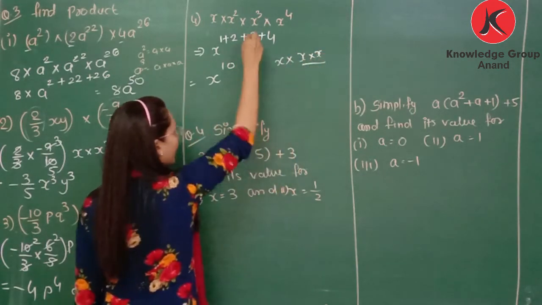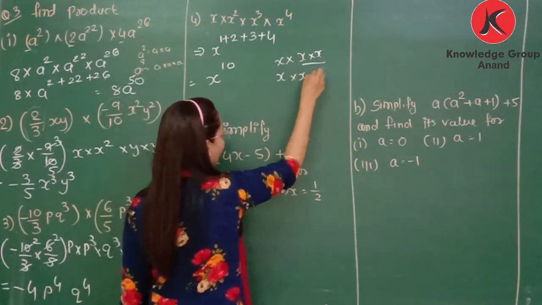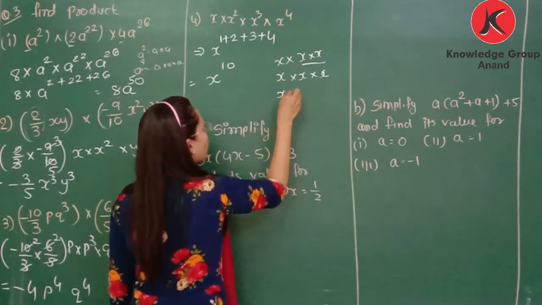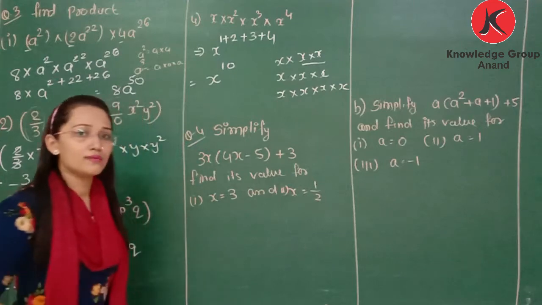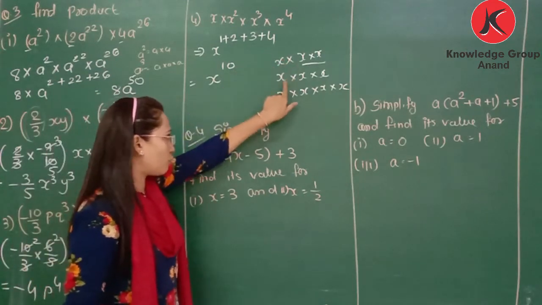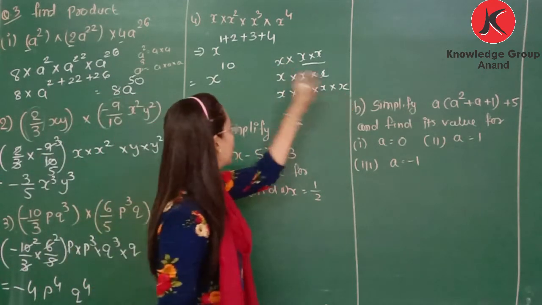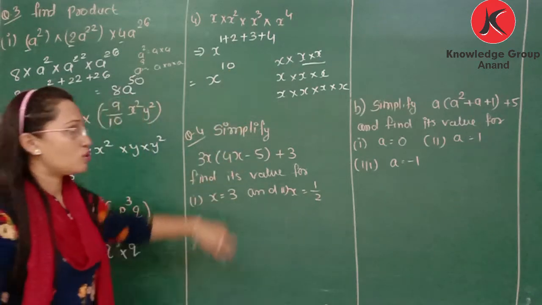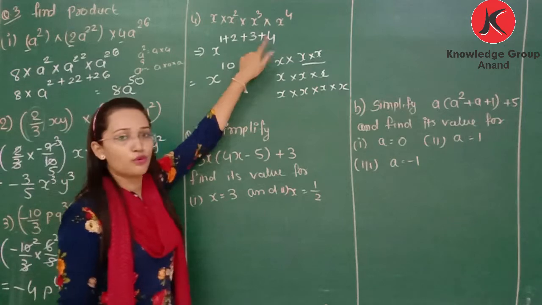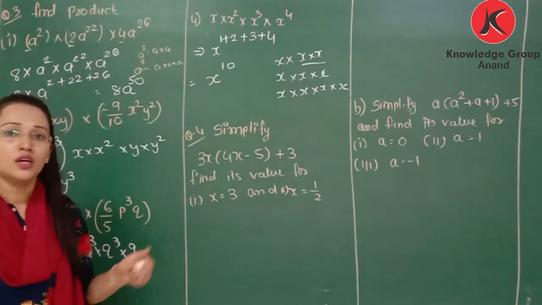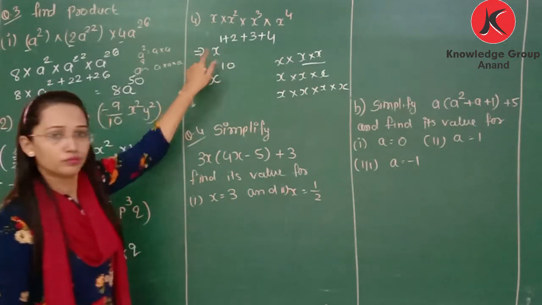X cube means x multiplied 3 times, and x raised to 4 means x multiplied 4 times. So how many times total x? 1 2 3 4 5 6 7 8 9 10. It means x raised to 10. So instead of this, you can write 1 plus 2 plus 3 plus 4. Add the exponents, but only when the base is the same.